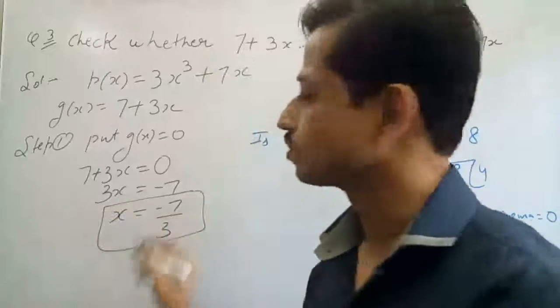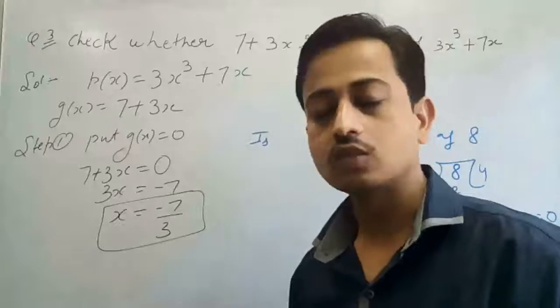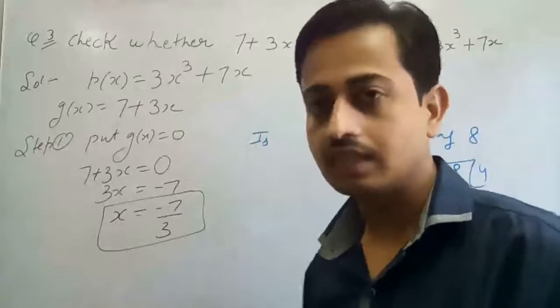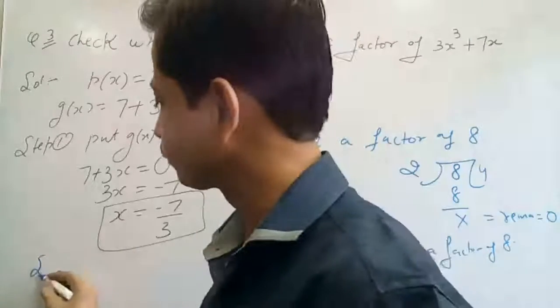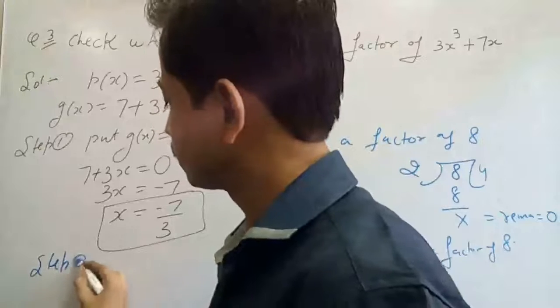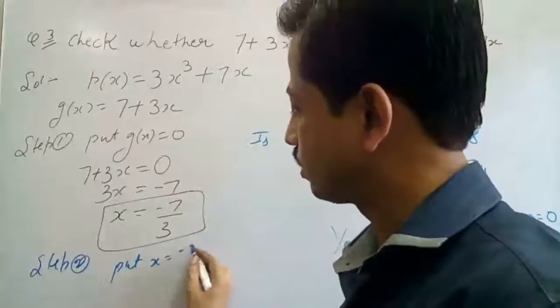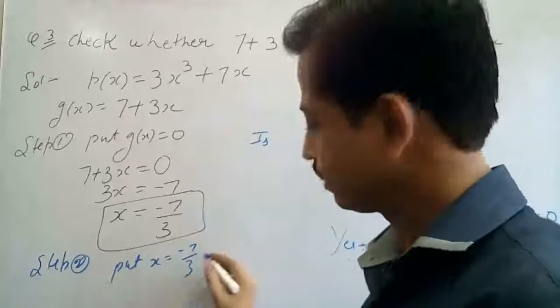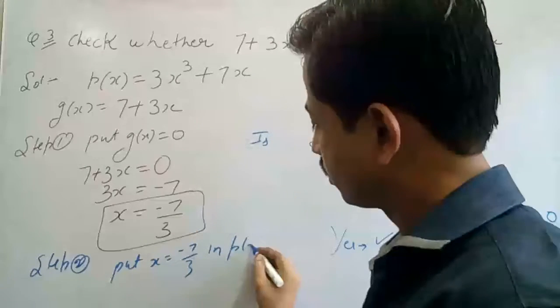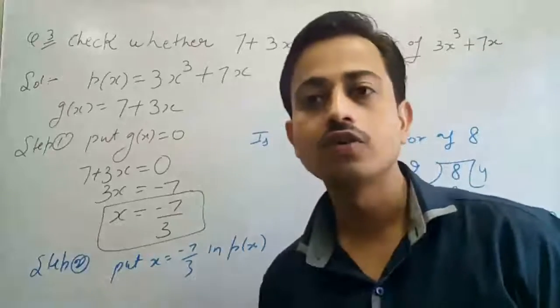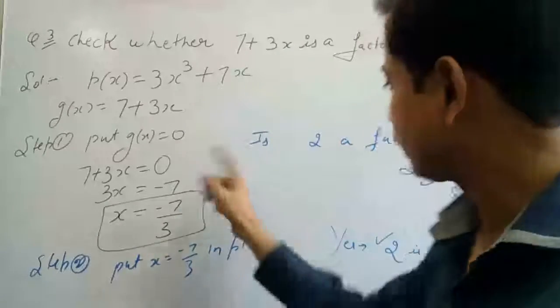This one is the value of x is equal to minus 7 by 3. Now second step is what? Step 2. Put x is equal to minus 7 by 3 in P of x. So we have to solve this.